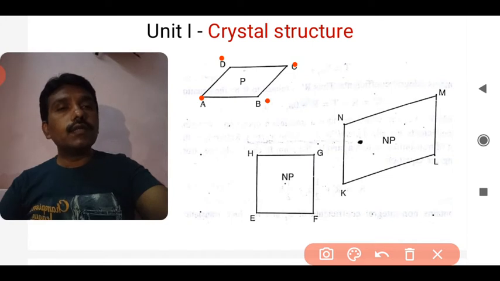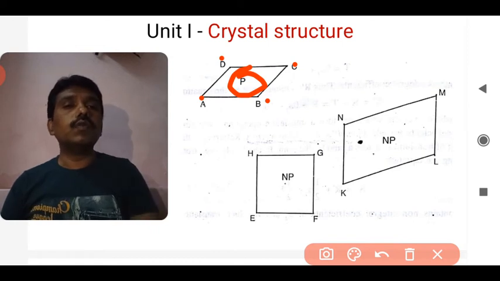That's why such a unit cell is called primitive, and it is denoted by P.